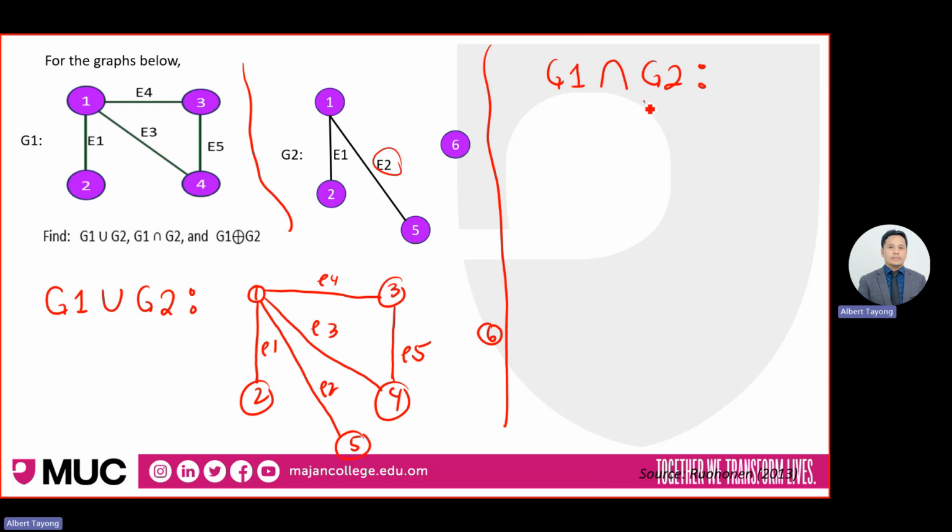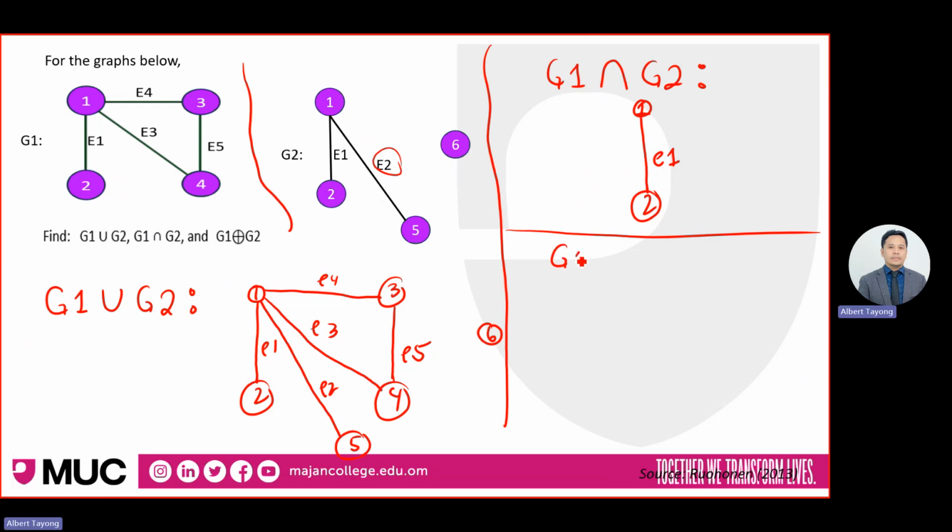So the answer actually is this E1, where 1 is connected to 2. So that's the only intersection we have. Vertex 1, vertex 2, E1.